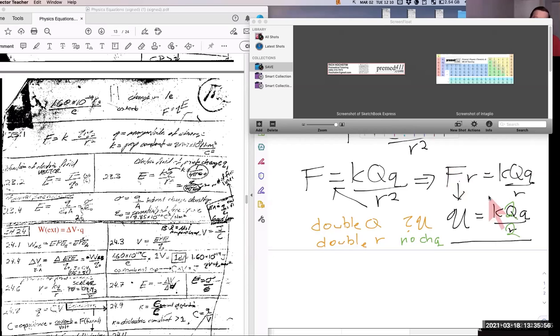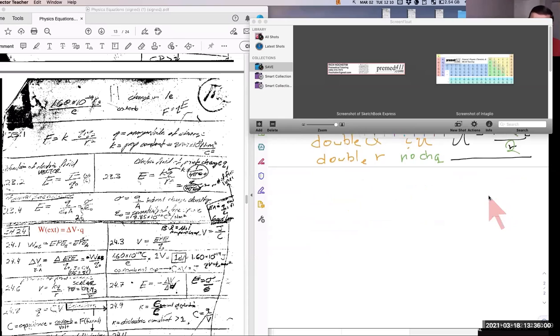So what we're going to look at now is a single charge, and we'll make it a positive charge. That charge will be next to another charge like this, and this is called a test charge.